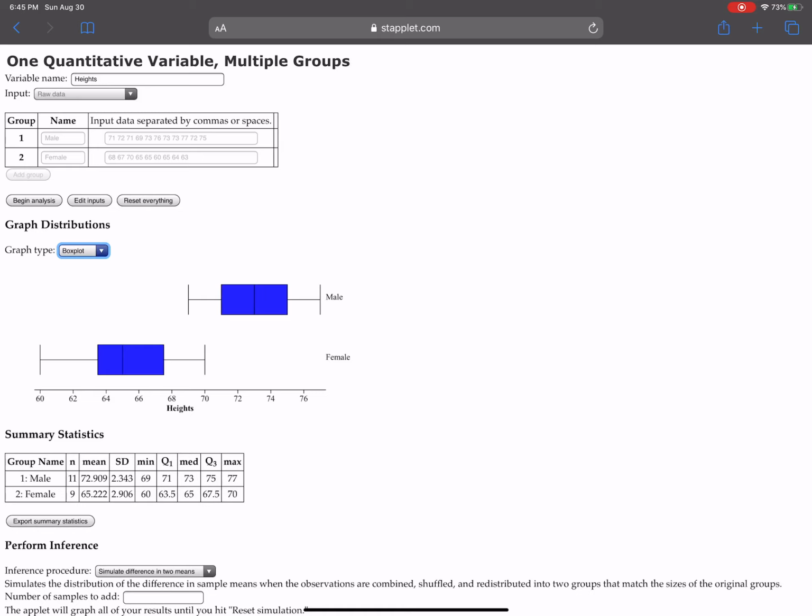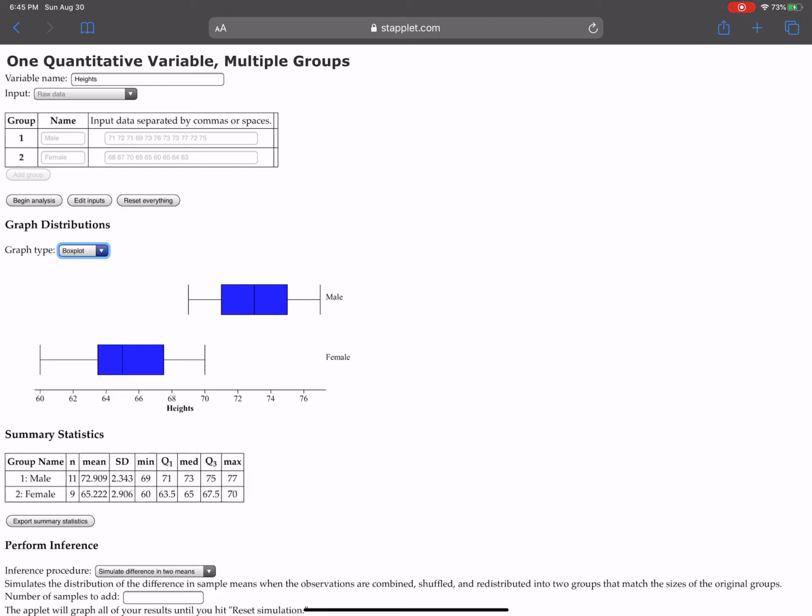Also notice that for the males I put in 11 heights, and for the females I put in 9. You don't have to have the same sample sizes every time you're comparing. That's why I pointed that out.